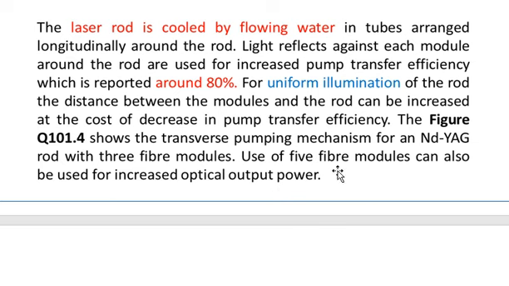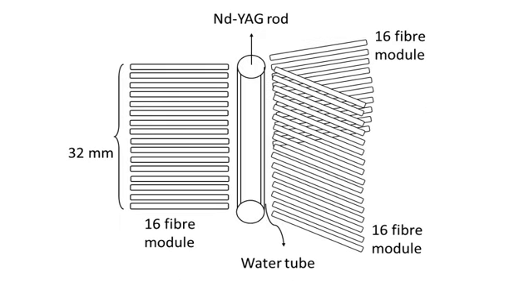So you see that I have shown only 3 modules of fibers, but in order to increase the efficiency of the system, the researchers have also reported using 5 pairs of modules of fibers to pump the Nd:YAG laser. This will increase the deposit of huge energy in the Nd:YAG rod, resulting in increased optical power from the Nd:YAG laser.